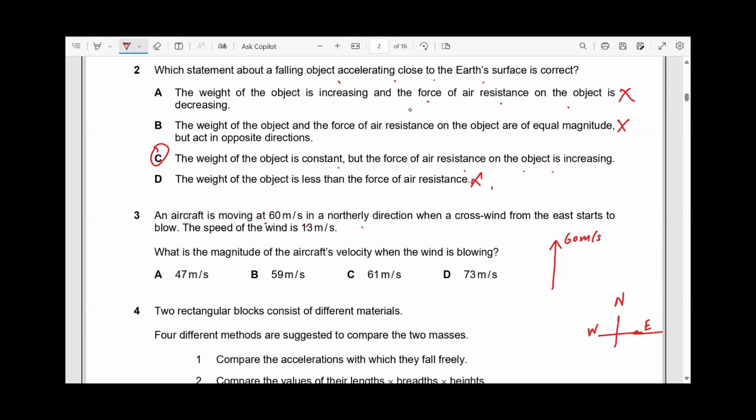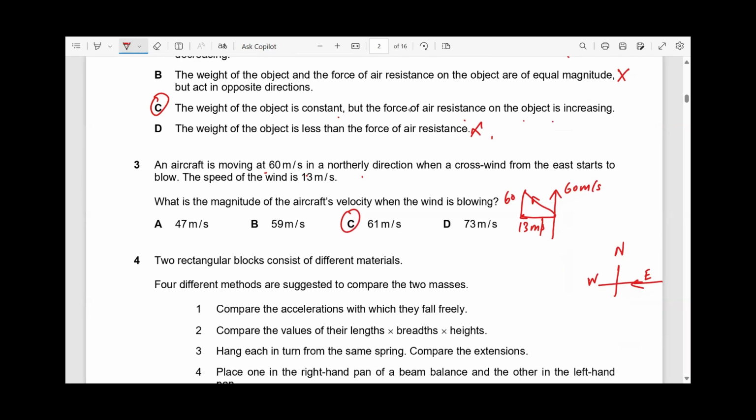So it's flowing from the east, and the speed of the wind is 13, right? You have to find the magnitude. The answer is C. You will use Pythagoras theorem. It's a right angle triangle, right? So this is 30, this is 60, and this is the resultant that we have, and we get the answer here. So the answer is C. You only have to apply Pythagoras here.